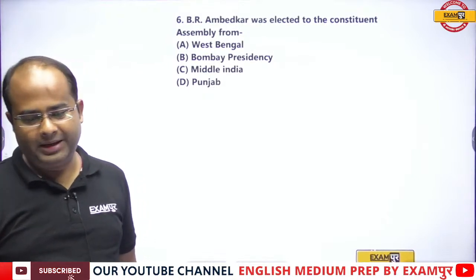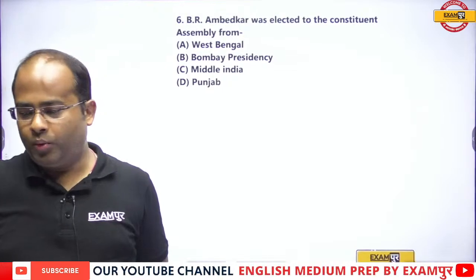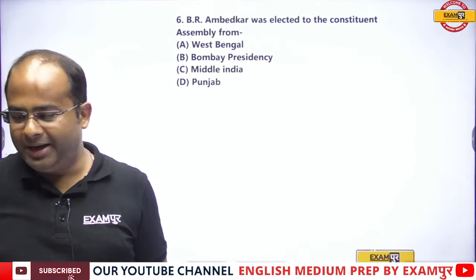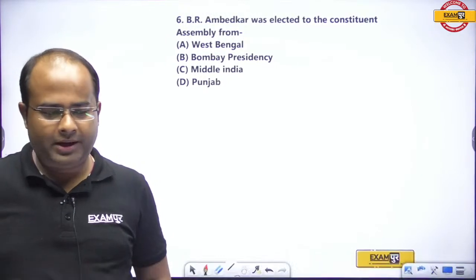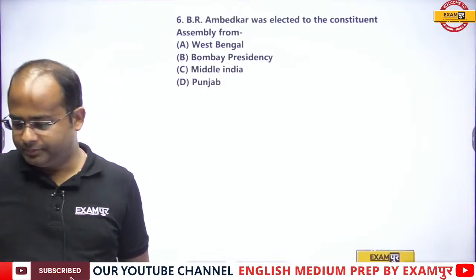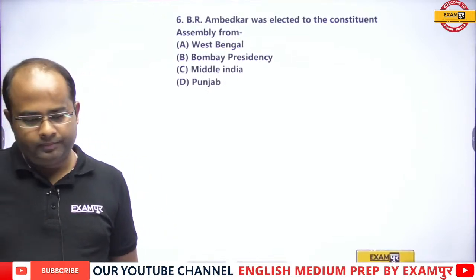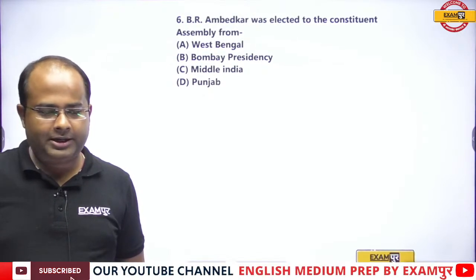We have already discussed in the previous question how much money was spent in making it. It was 64 lakh rupees. So from where was B.R. Ambedkar elected as a member of the Constituent Assembly? West Bengal, Bombay Presidency, Middle India, that is the Madhya Pradesh region, or Punjab? From where was Baba Sahib Ambedkar elected? Okay guys, what will be the correct answer?